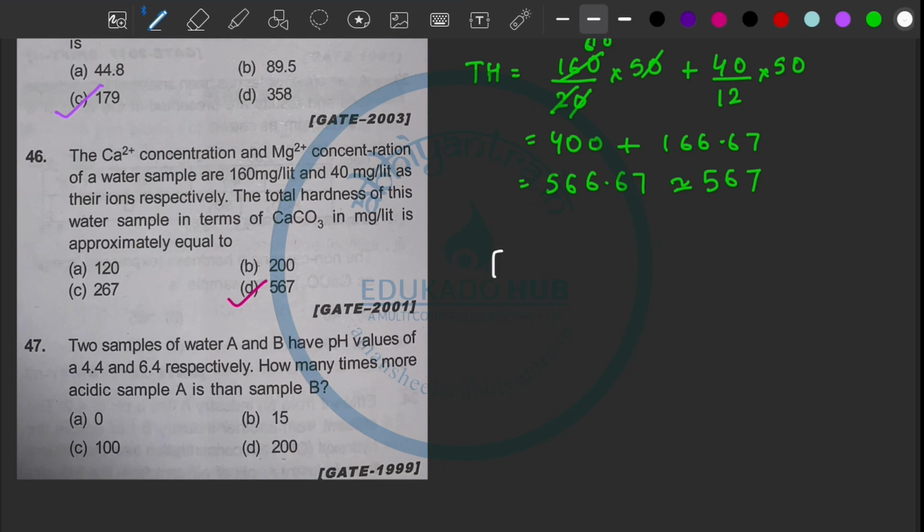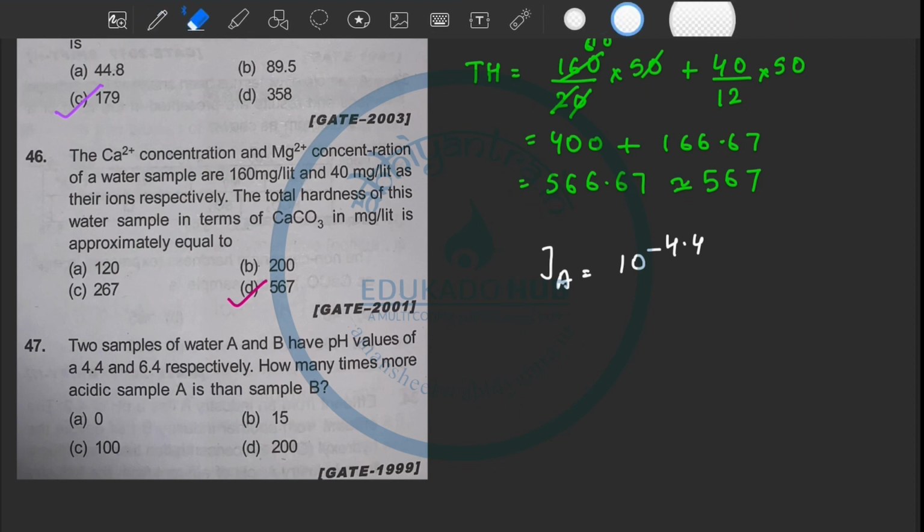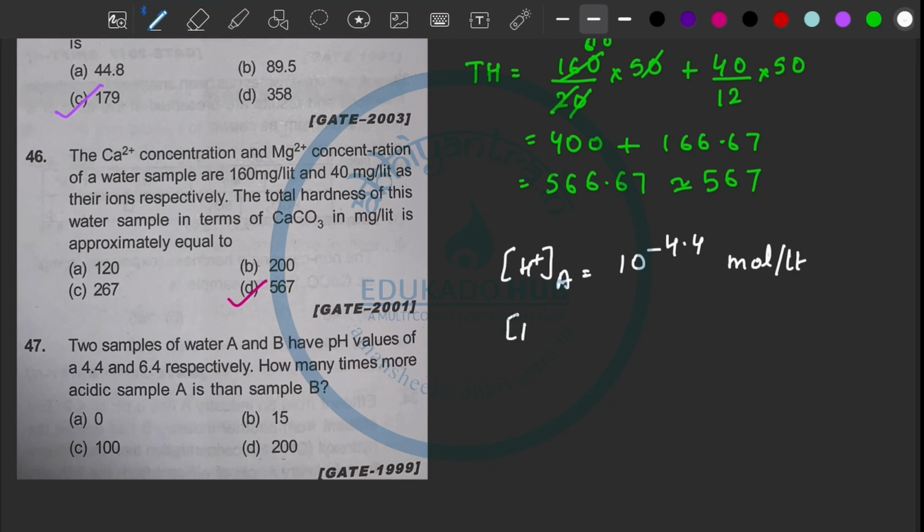So pH of sample A is 10 to the power minus 4.4, okay, this is the concentration of hydrogen ion is 10 to the power minus 4.4 mole per liter, and concentration of hydrogen ion in sample B is 10 to the power minus 6.4 mole per liter. How many times more acidic the sample A is than the sample B?